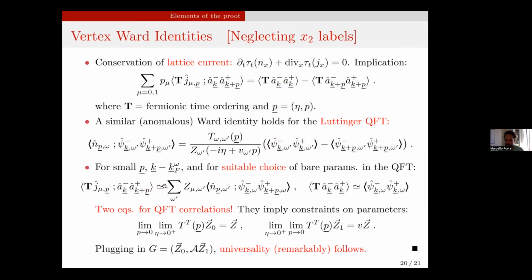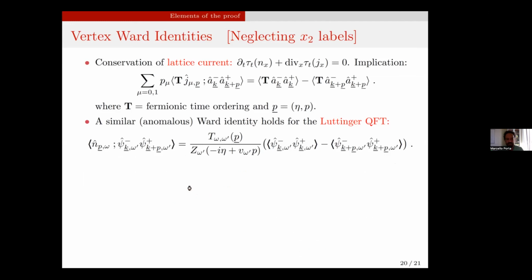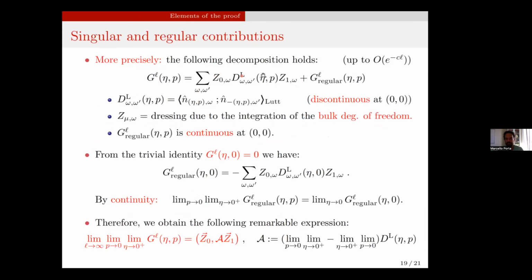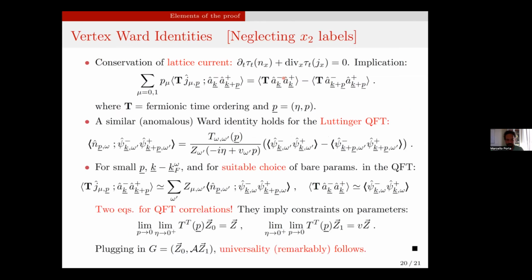To have this true at a quantitative level, you have to choose properly the bare parameters in the action of the Luttinger liquid QFT to have quantitative agreement between vertex functions. So the Z0, Z mu for mu equal to 0, 1, are precisely the parameters that entered here, and they are due to the integration of the bulk degrees of freedom. This is now the way in which these two models talk to each other.